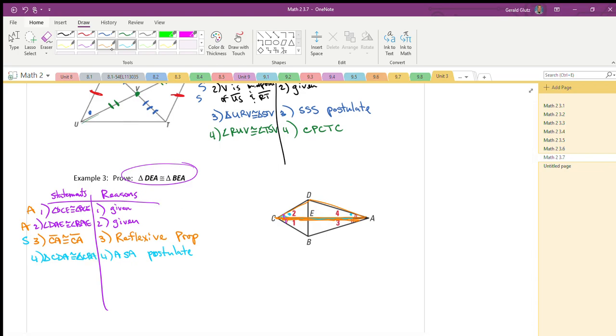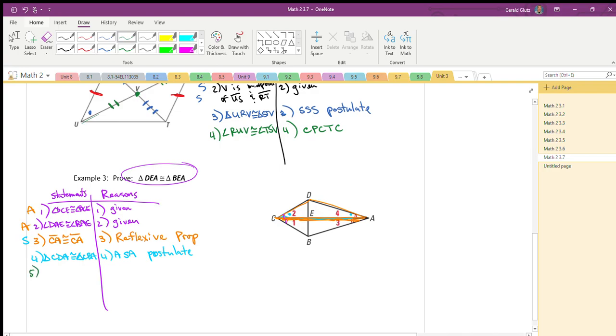And you may be saying, well, Glutz, that's not what we're trying to prove. We're trying to prove DEA is congruent to BEA. Now we can do that. So our next step, so this is kind of a longer proof.